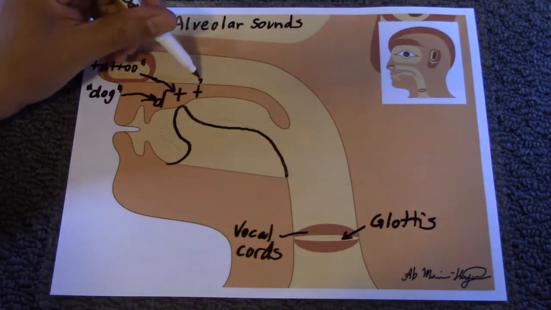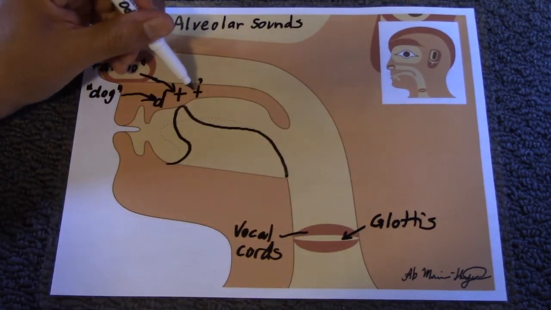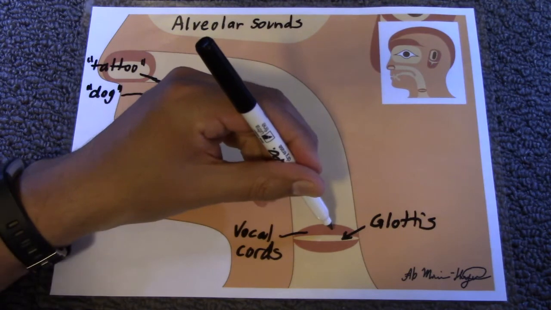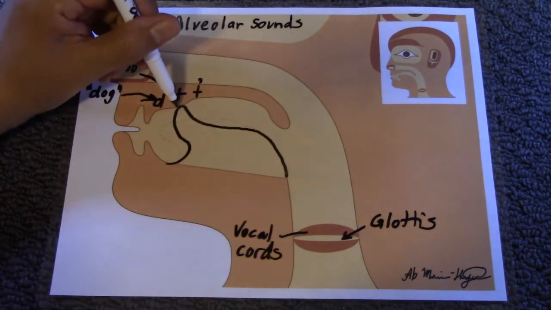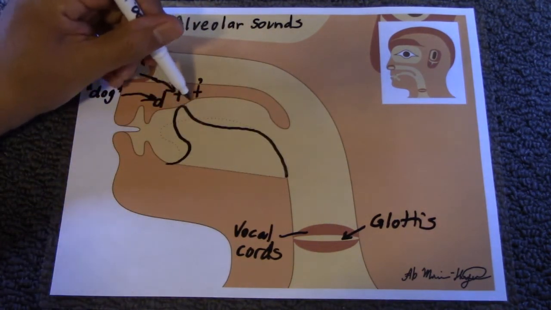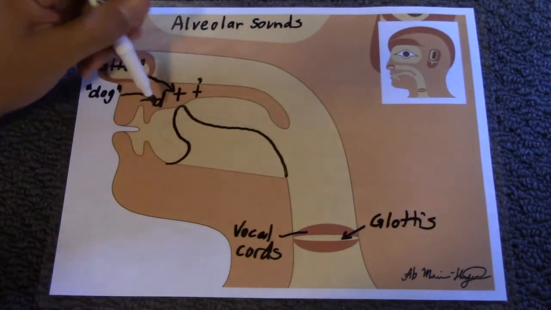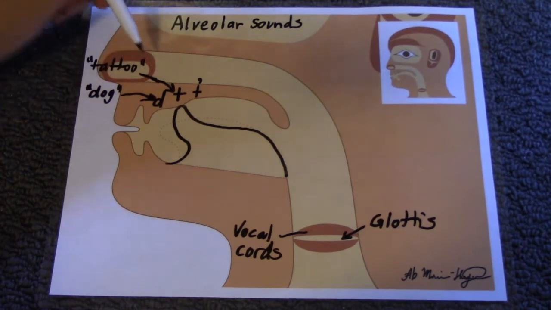So what this apostrophe tells us is that we make this T sound, but before we do that, we close our vocal cords. And then we put the tip of our tongue against our alveolar ridge, and then we release the sound a little bit more forcefully than we would with a regular T.